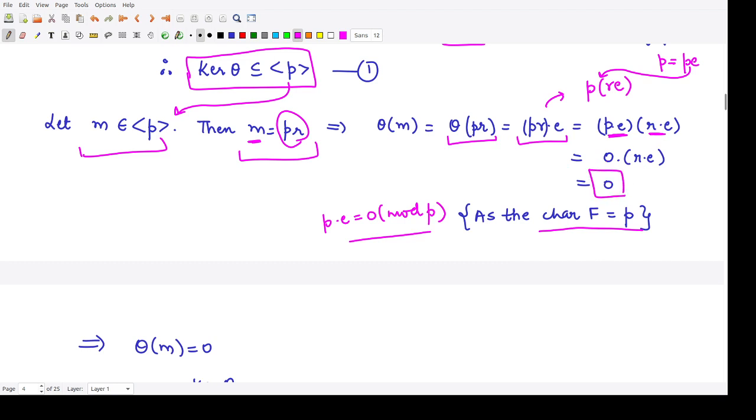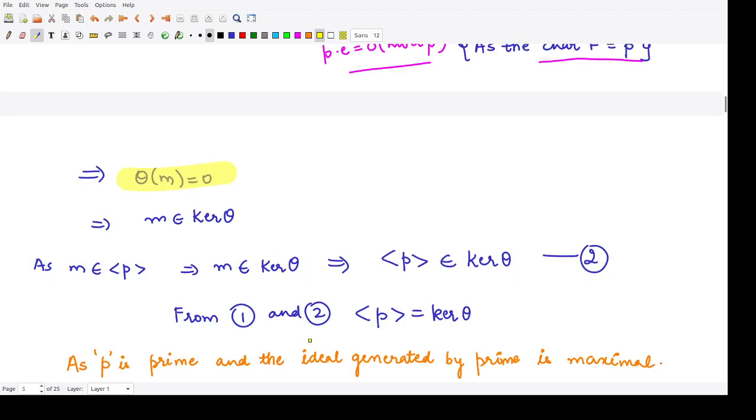So from here we say that if you take any element from P and apply theta onto that, you would have this to be 0. So you obtain theta of M as equal to 0, and that means this becomes the definition for kernel theta.